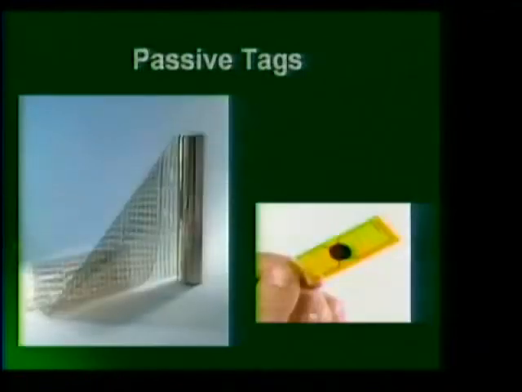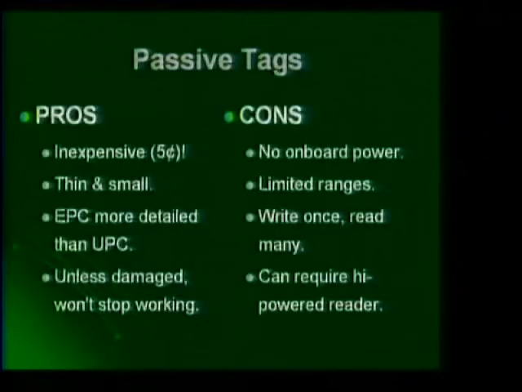If you see here, the sheet is actually how they print some of the passive tags. So you can see the benefits of the passive tags. You can actually print out a whole roll at a time and then cut them out as you need them. We're at the point now where those passive RFID tags are 5 cents or less a piece to produce. And corporations like Walmart and other people who want to use this in their inventory tracking system, this is the price point that they were looking for.